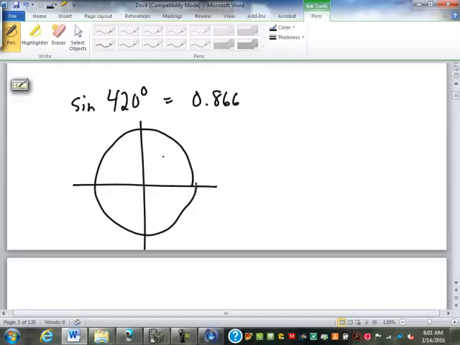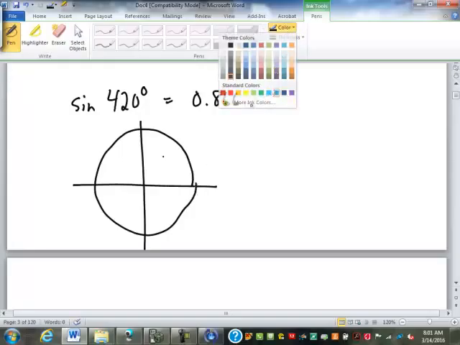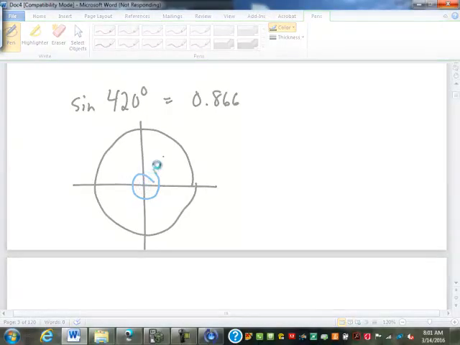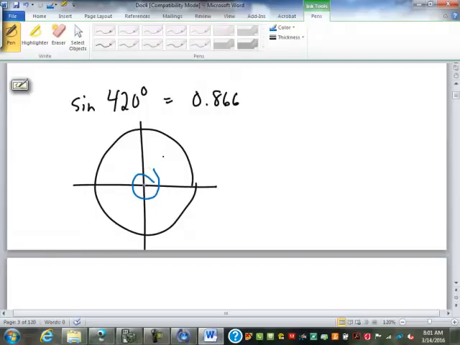Exactly. Here's our unit circle. If I start here and go all the way around, that's 360 degrees. Well, to get to 420, I start going around again. This is 420 minus 360, or 60 degrees. It's what we call coterminal angles.